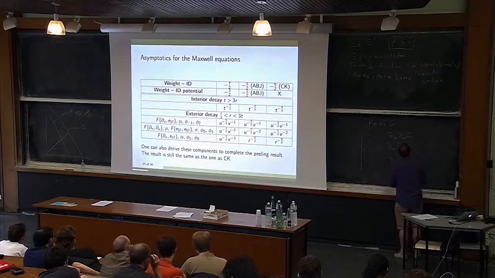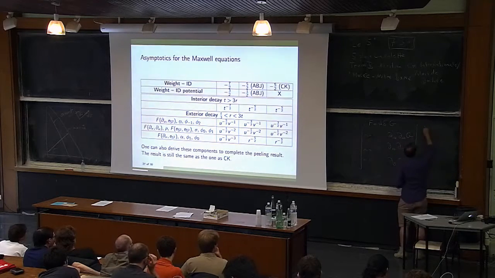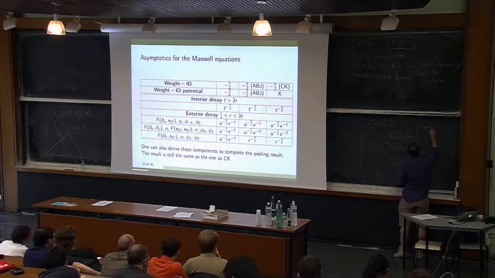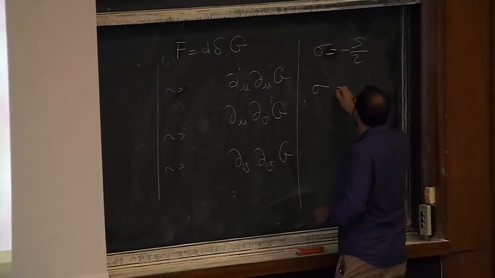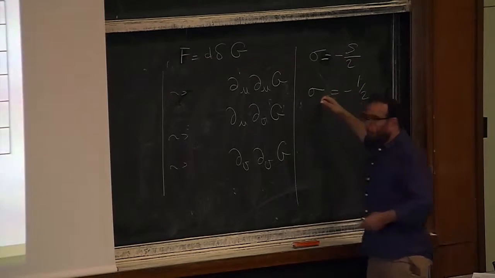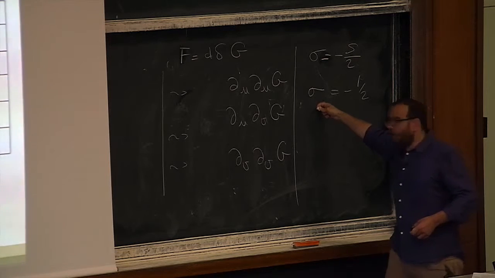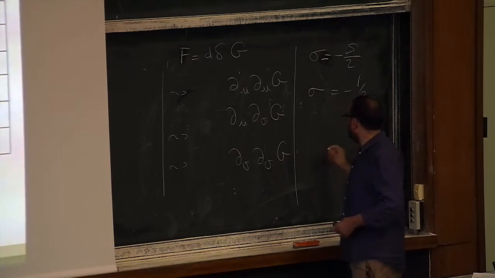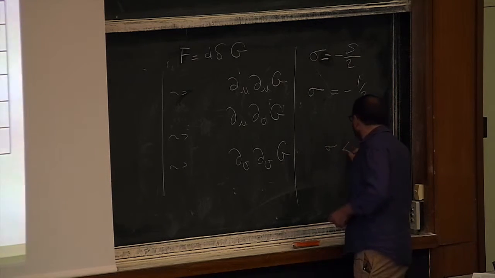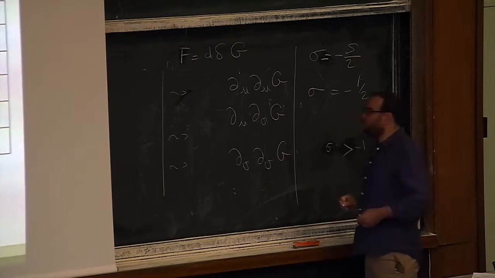So now just to let you understand what is happening here, in Christodoulou-Klainerman you have sigma for the initial data, which is minus 1 half, which is above the critical weight minus 1. Okay, so when I'm looking at this component here, I'm still having sigma bigger than minus 1.